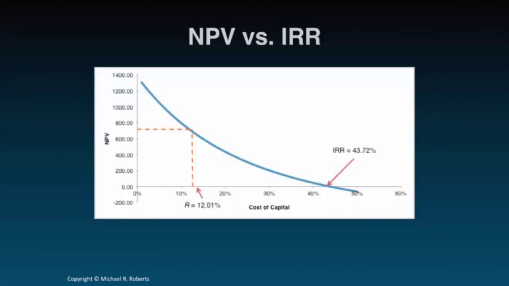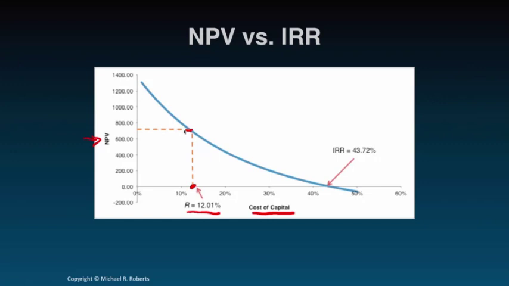Now, one picture I'd like to show you is the following. I've plotted the cost of capital on the horizontal axis and the project NPV on the vertical axis. And what the blue line shows is how the NPV of the project varies as I vary the cost of capital. Two points are worth noting. First is this point right here, which is the 12% cost of capital of the project.